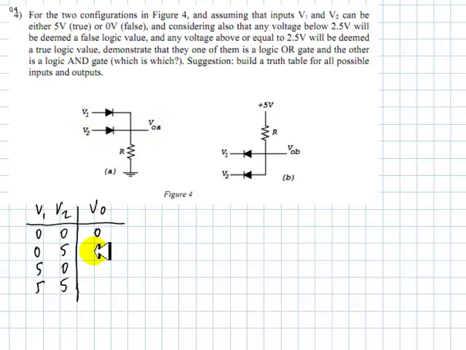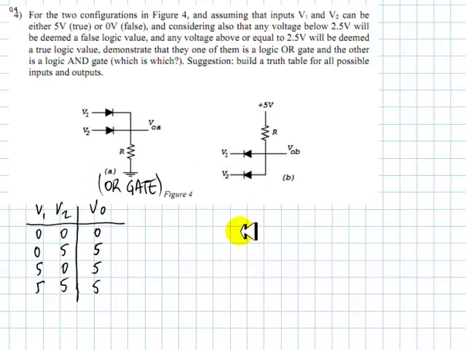So V output is going to be 5, it's going to be a true. What about here? Well, the same thing is true in this case. And if both of them are 5, both are on, both close, the current flows, and more the reason for V0 to be 5 volts. This is an OR gate. Let me write here, this is an OR gate.